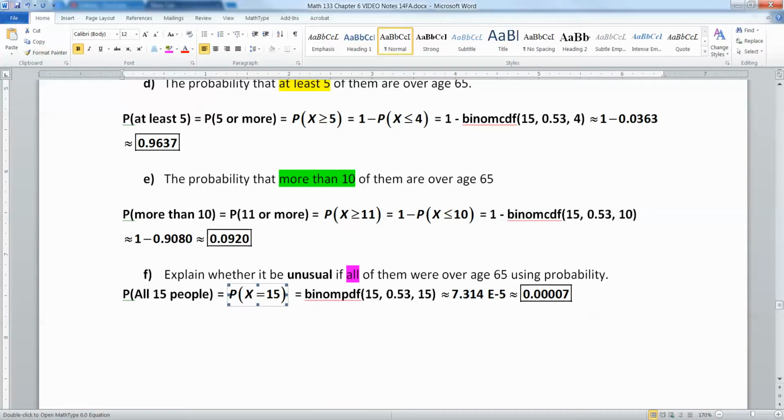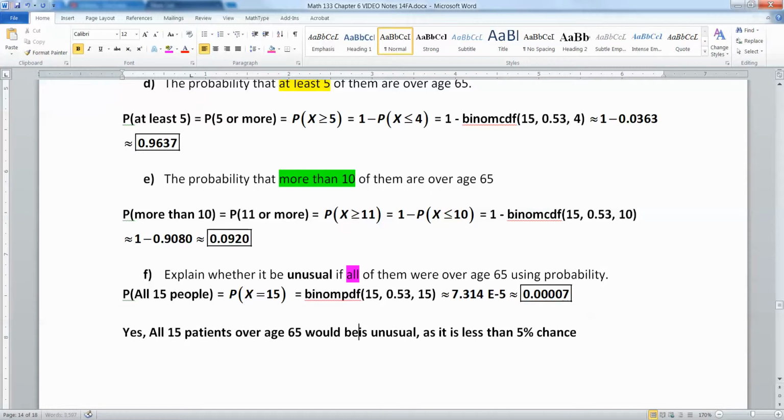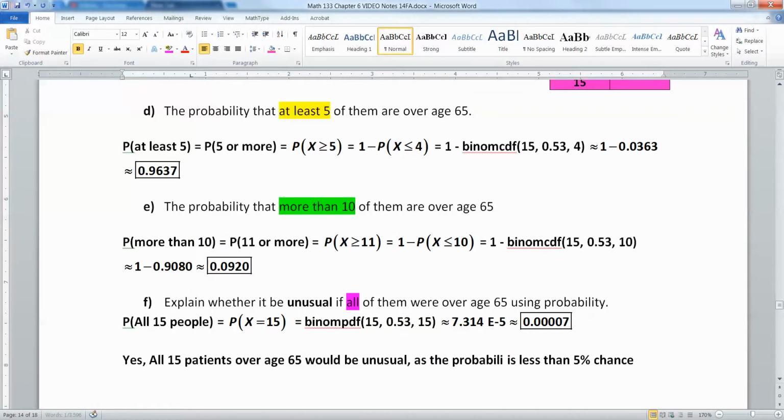Well, yes, it would, because that probability is less than 5%. Less than 5% is unusual. So yes, all 15 patients over age 65 would be unusual, as the probability of this is less than 5%.